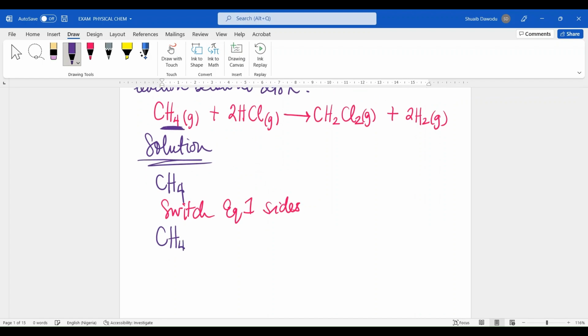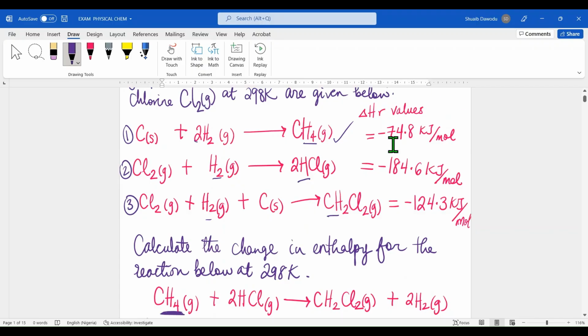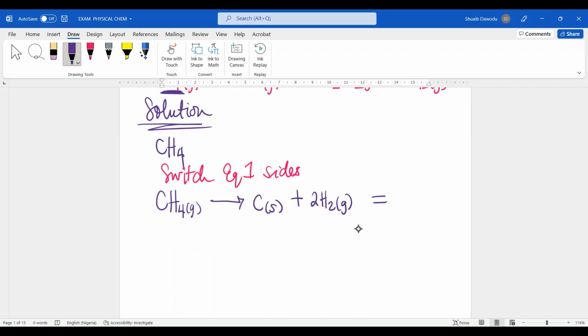So you have CH4 gas giving Cs plus 2H2 gas. When you flip equation 1, you go from negative 74.8 kilojoule per mole to positive 74.8 kilojoule per mole. So that's that one.